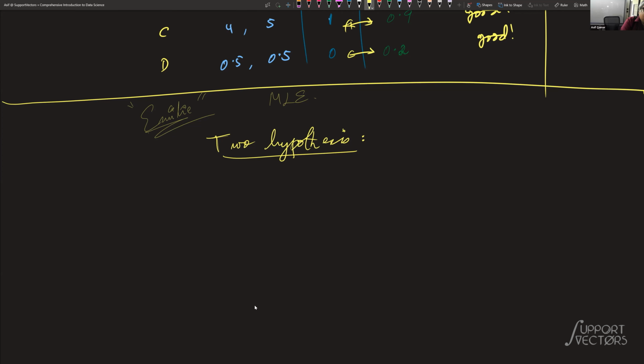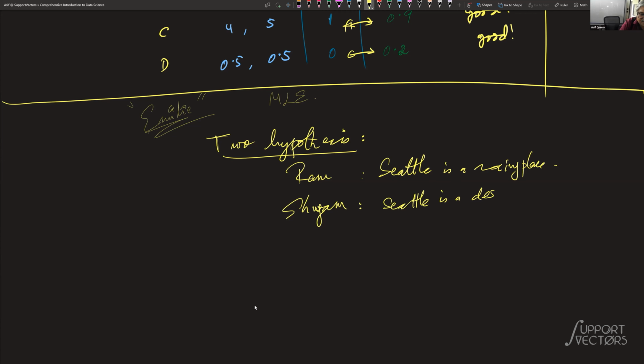Two hypotheses. Let us take two names, Ram and Shyam. Ram believes Seattle is a rainy place, and Shyam believes that Seattle is a desert, mostly.